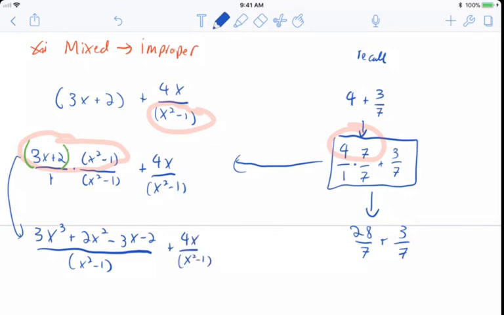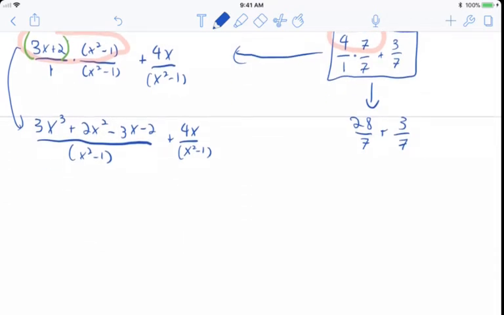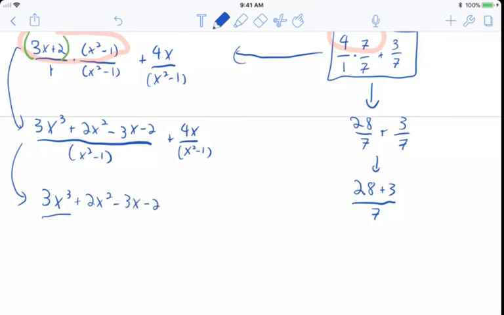Simplify the top, and now I can add them together. So now I would add these two together on the same numerator. Similarly here, this becomes 3x cubed plus 2x squared minus 3x minus 2 divided by x squared minus 1.